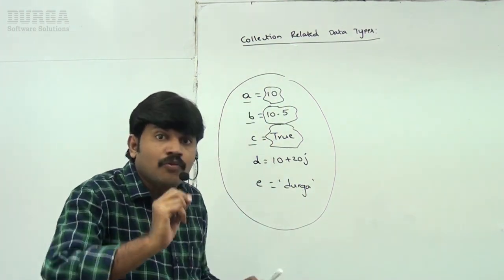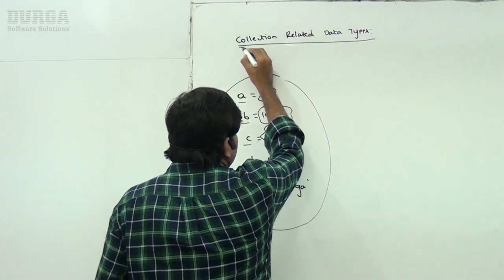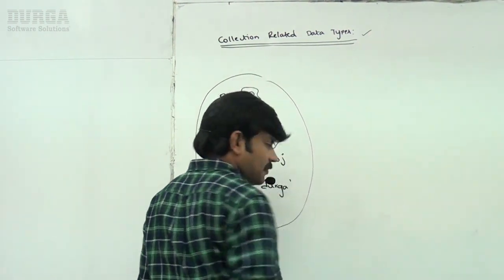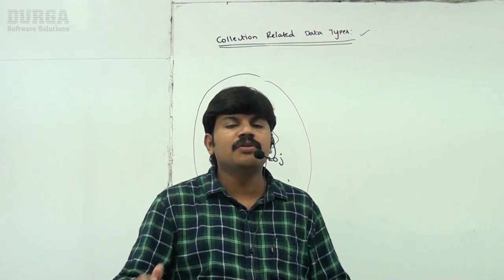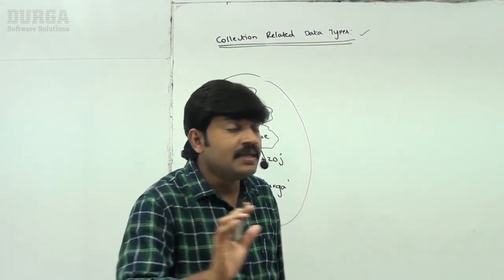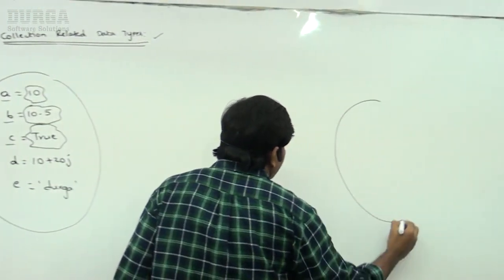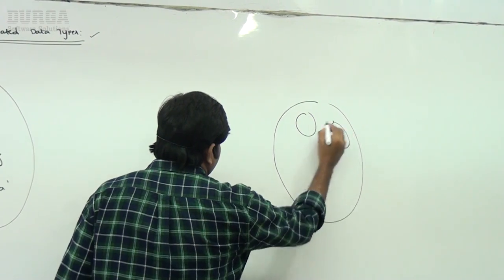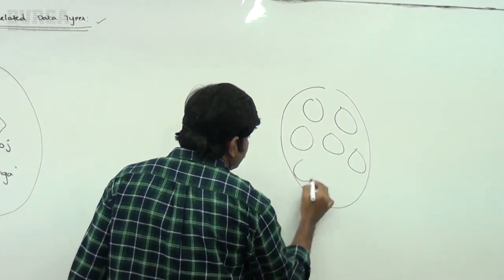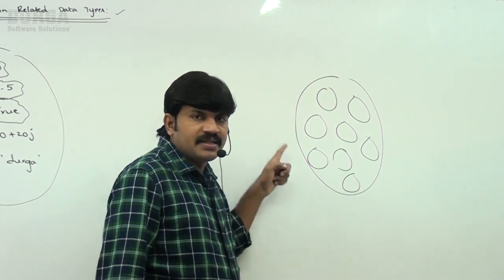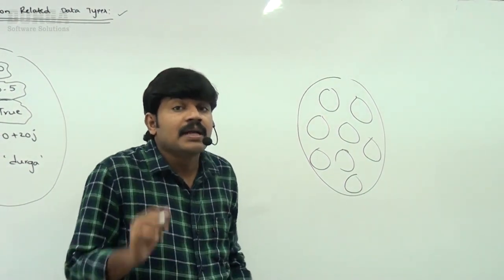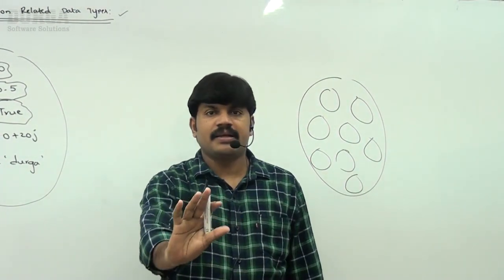For that we have to go for collection related data types. Are you getting? If you want to represent a group of values as a single entity, like first value, second value, third value, fourth value, fifth value, sixth value, seventh, then we require to go for collection related data types, right?